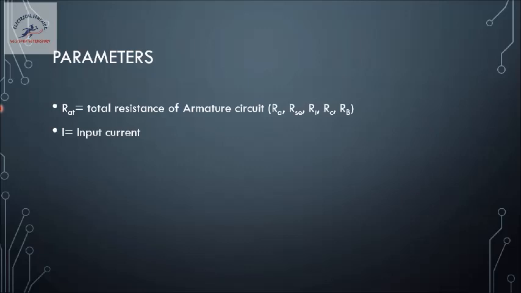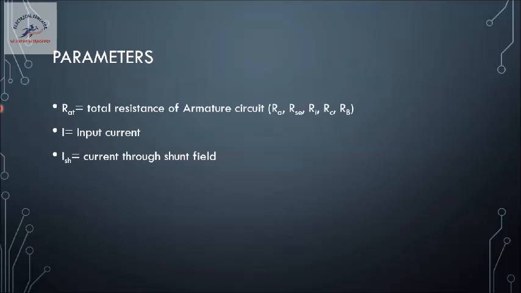Next, I stands for the input current or the supply current. This is the current which is drawn from the supply, and this will power the entire DC motor including field and armature, and also it has to compensate the losses. Ish is the current through the shunt field.